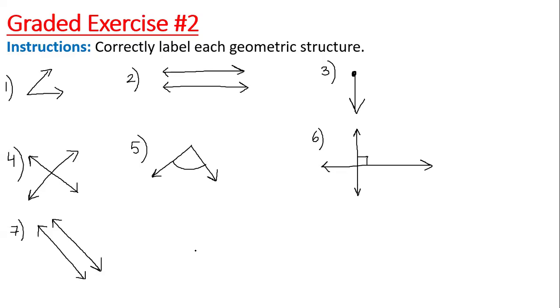And we have Kanan. Where's Kanan? Kanan, where's Kanan? Number 4. Okay.